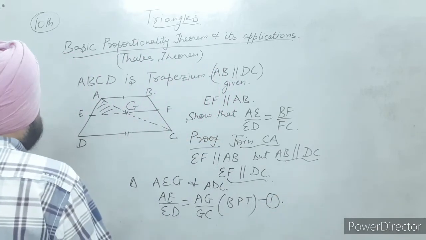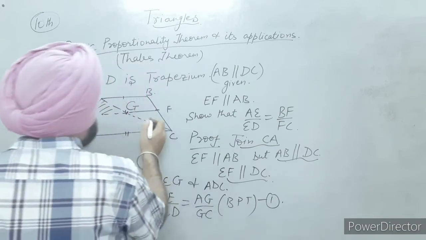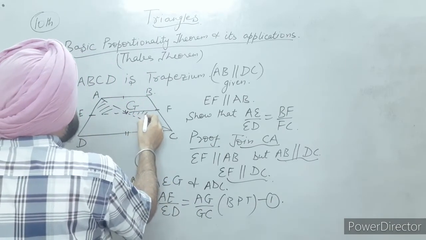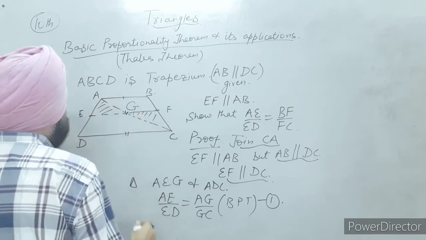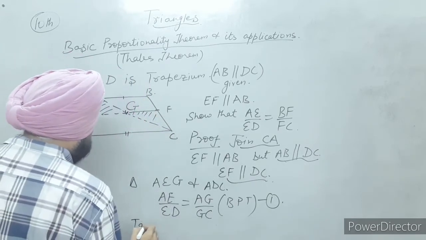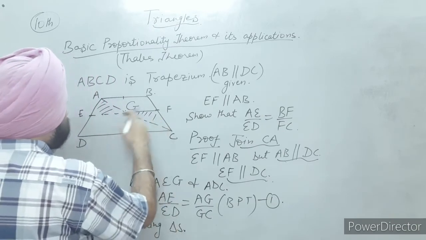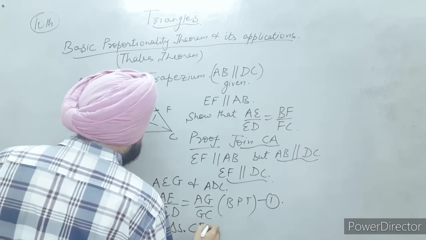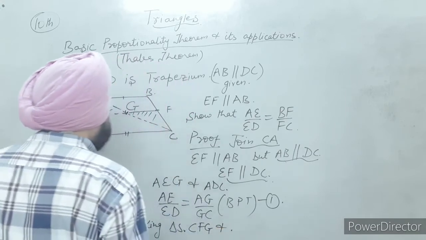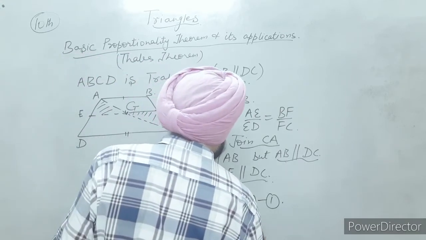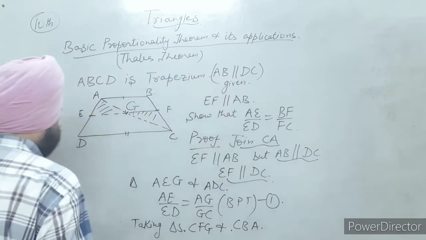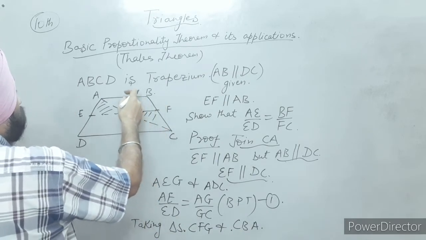Right? Now again, taking triangles, this triangle and the bigger triangle. Taking triangles CFG and CBA, like this. Again, GF is parallel to AB.